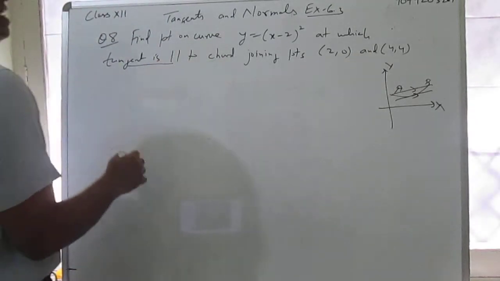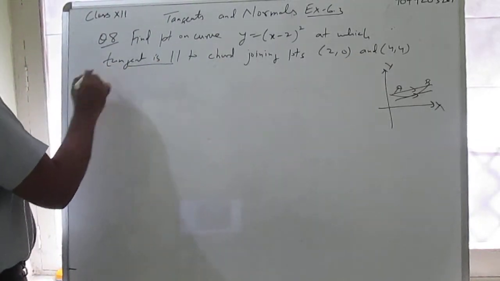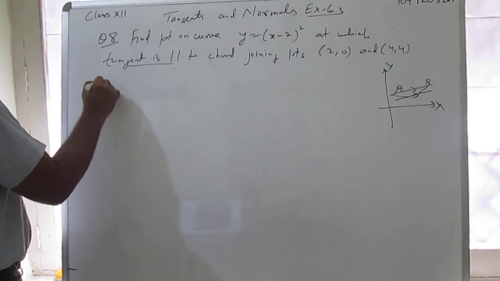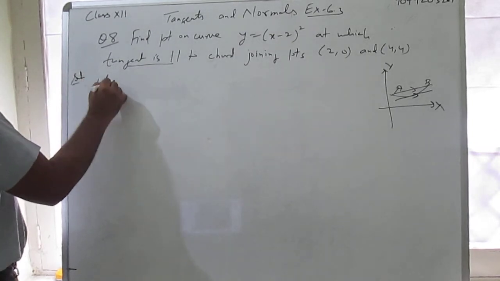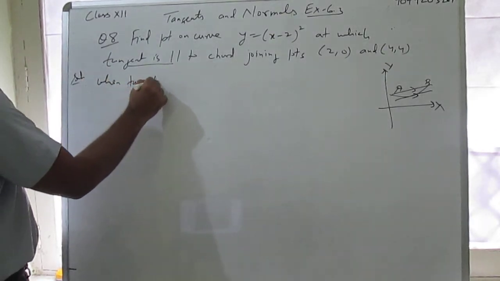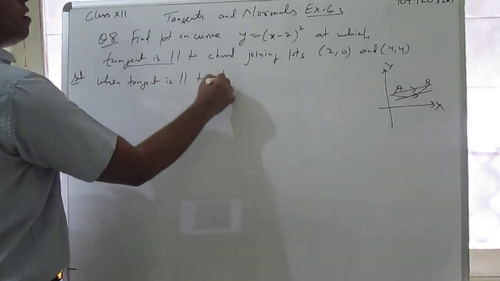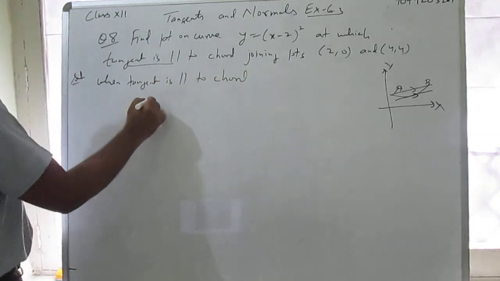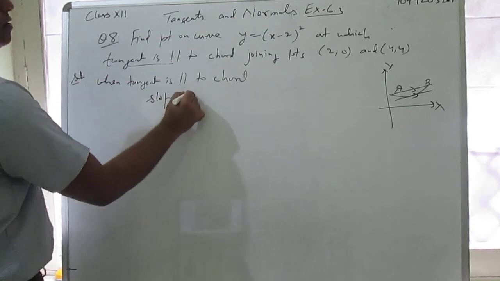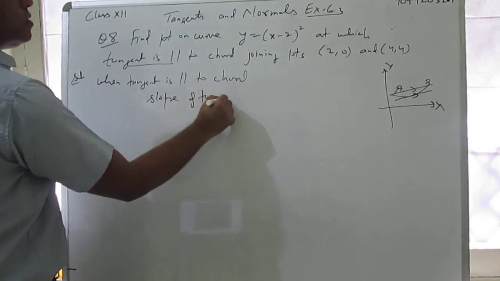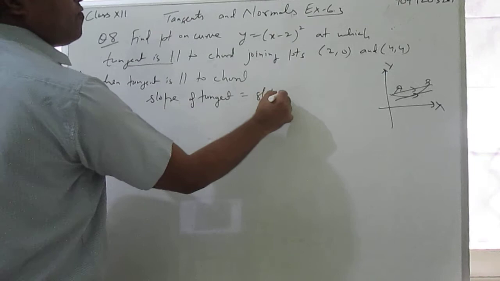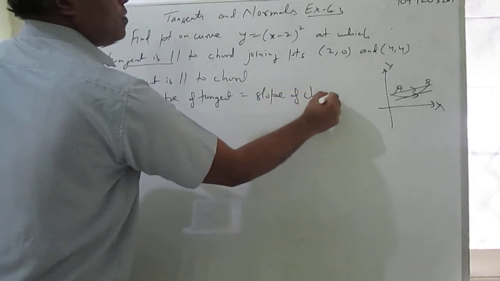Now, when the tangent is parallel to the chord, the condition is that the slope of the tangent is equal to the slope of the chord.